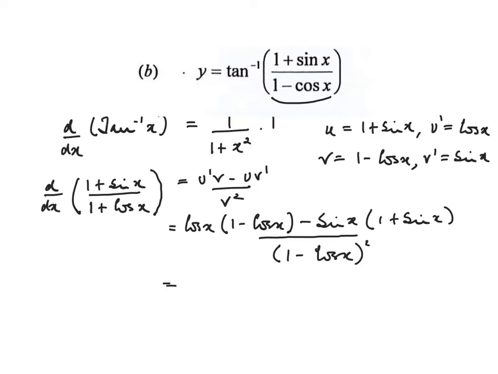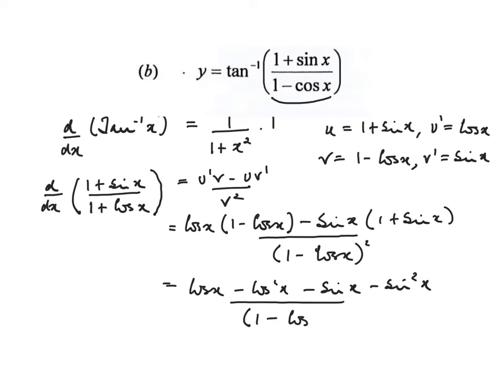Now we've got cos x minus cos squared x minus sine x minus sine squared x over 1 minus cos x whole squared.